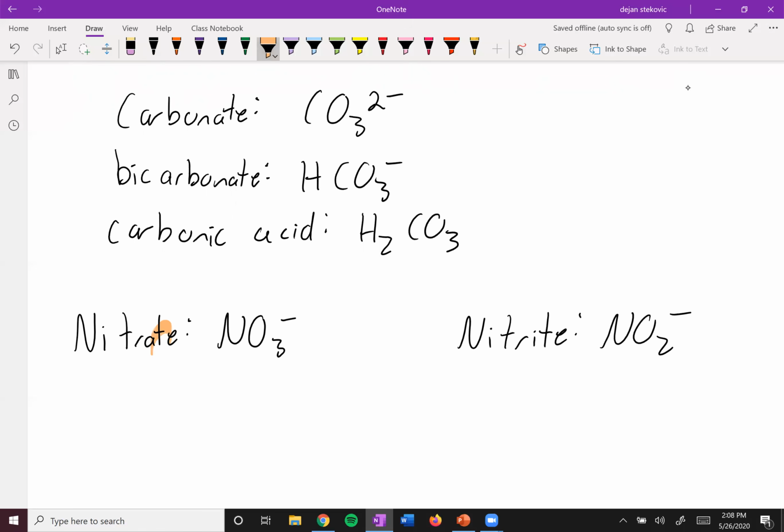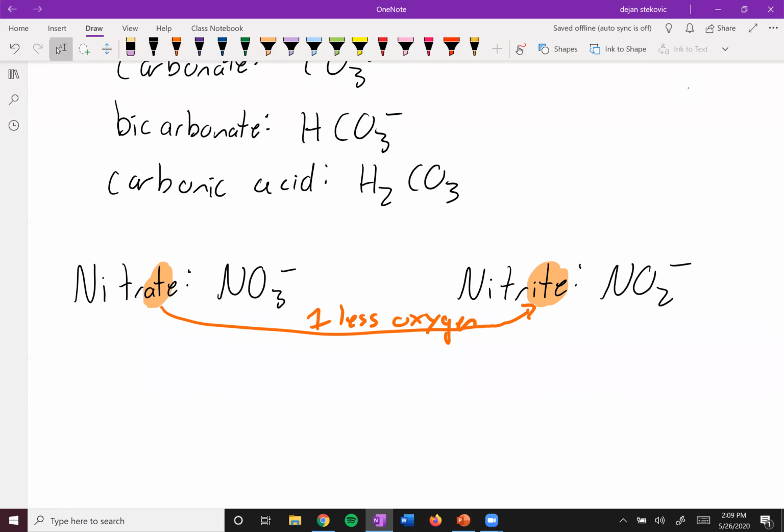So you can see ate and ite are related to one another. When we go from something that's called an ate to an ite, there is one less oxygen, right? So nitrate has 3 oxygens. That means nitrite only has 2. However many the ate has is not defined.